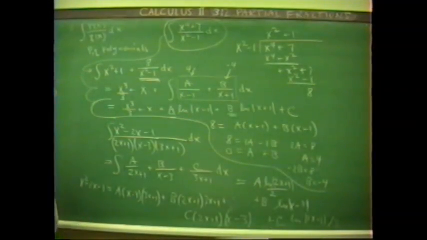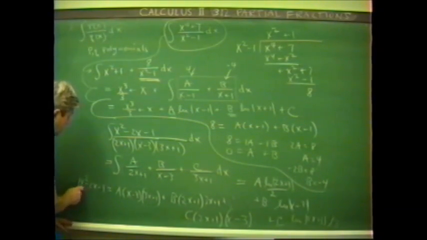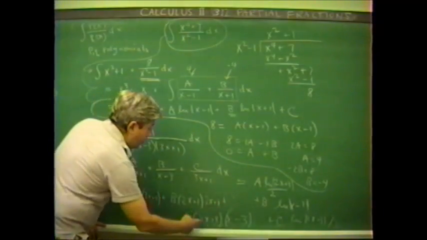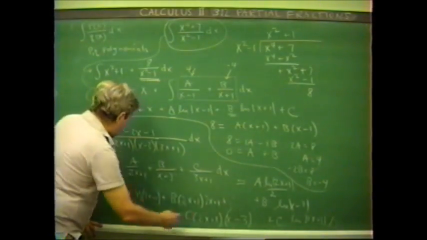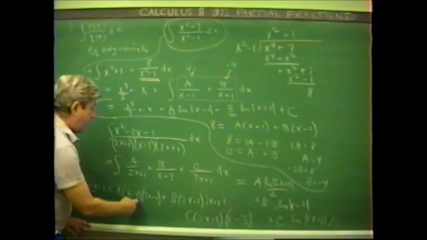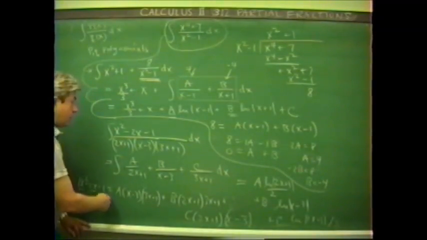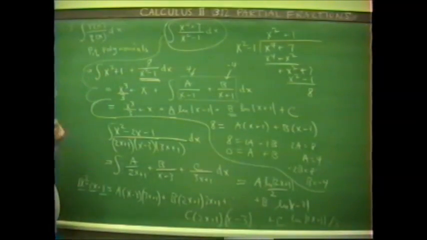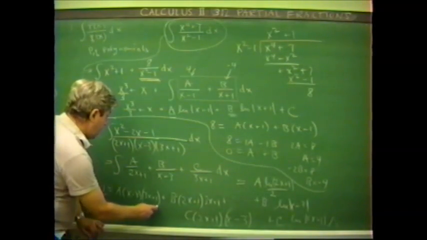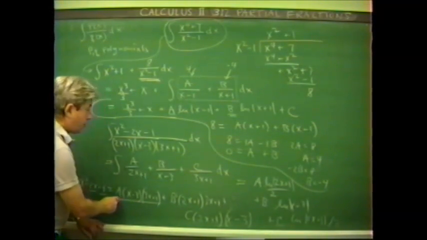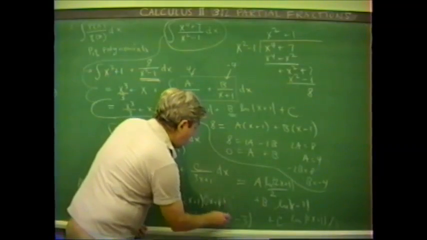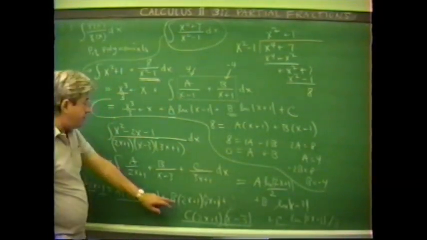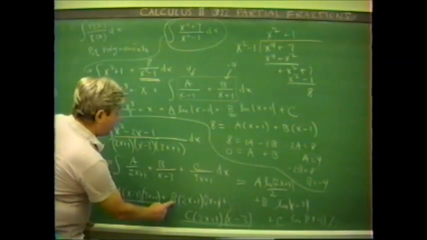Now, watch what happens here. You can either get yourself 3 equations and 3 unknowns by comparing the x squared coefficient to the x squared ones on the right here. That'll give an equation in a, b, and c. The x ones to the x's on the right, and the constants to the constants on the right. Or, assuming that you're going to be able to do this, you can, for example, let x equal 3 in here. This will drop out when x is 3, and this will drop out when x is 3, and you will get the b term.